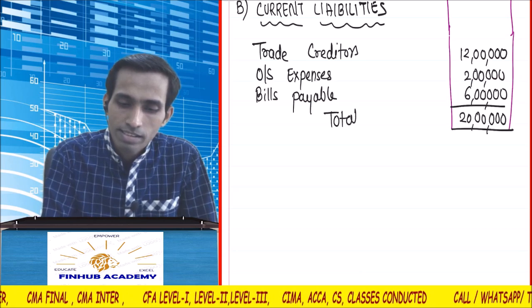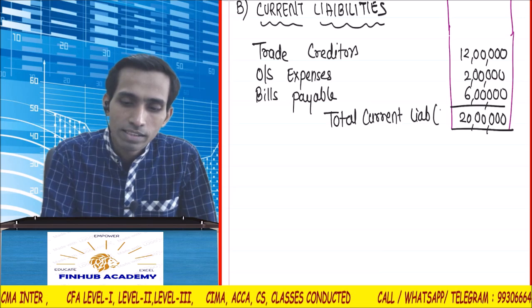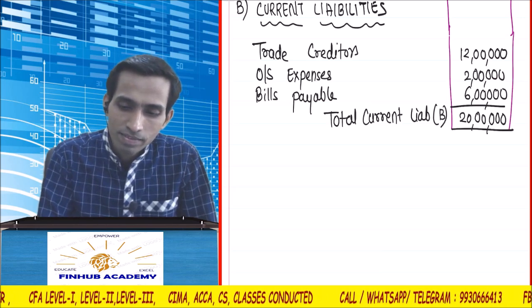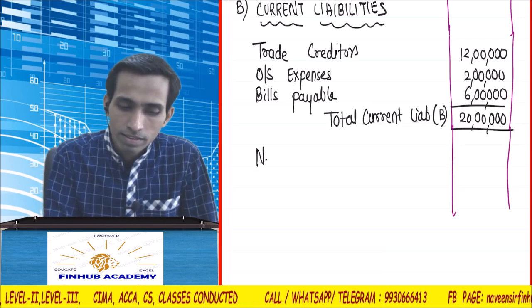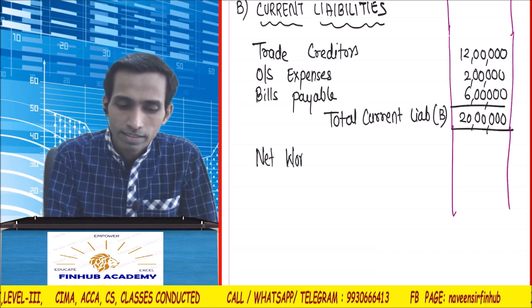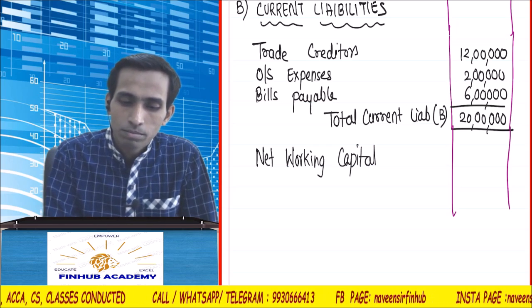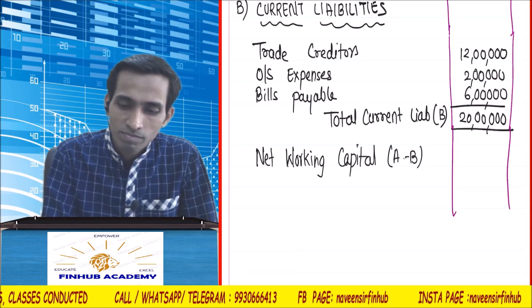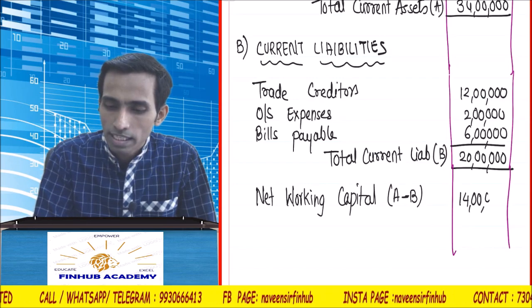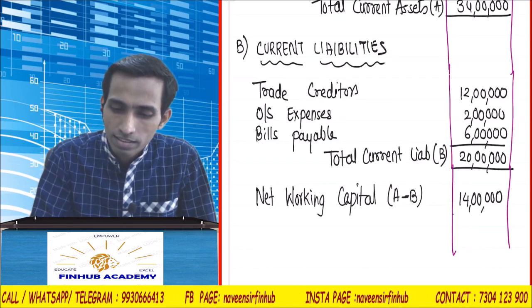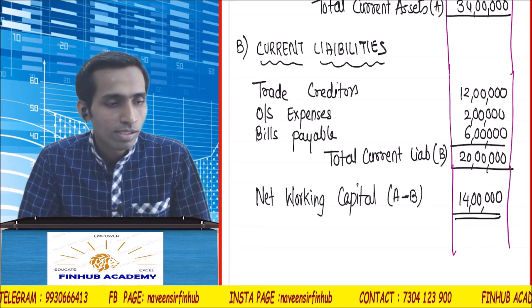Total current liabilities, give it the name B. Net working capital, A minus B: 34 lakhs minus 20 lakhs, 14 lakhs. Wow. The sum.